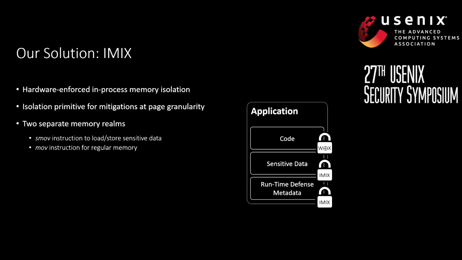So we came up with IMIX. IMIX is a hardware-enforced in-process memory isolation, which we designed to be at page granularity. It supports two separate isolation realms, because we found that enough to support most of the mitigations, because they only need one safe region.